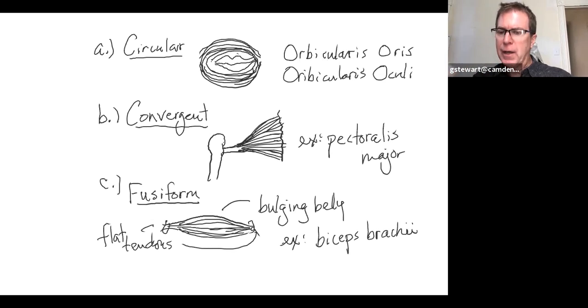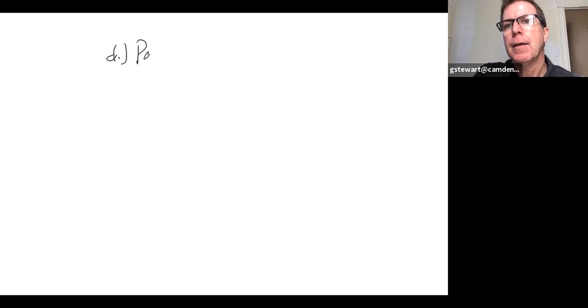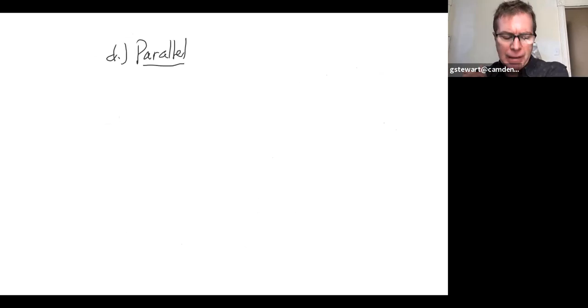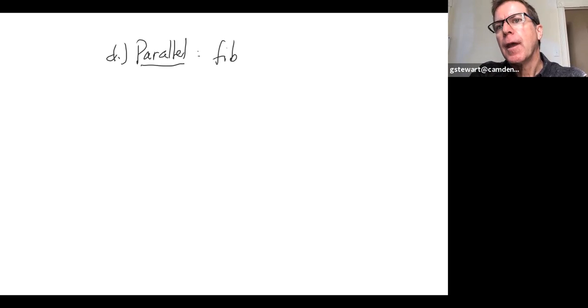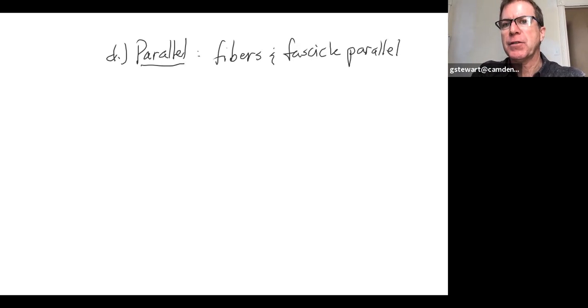I'm going to go to a new page and put my letter D. Parallel is similar to fusiform, only there is not that bulging belly in the center. So here the fibers and fascicles are perfectly parallel with the axis, the longitudinal axis of the muscle itself.